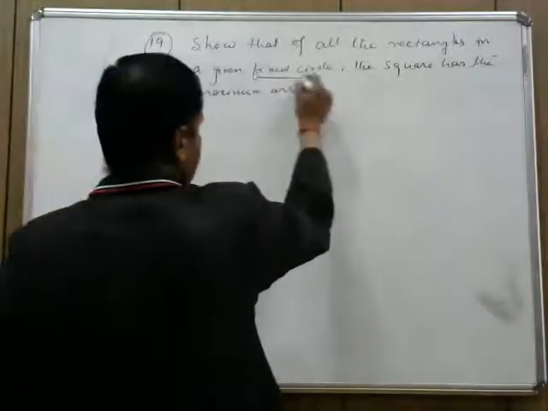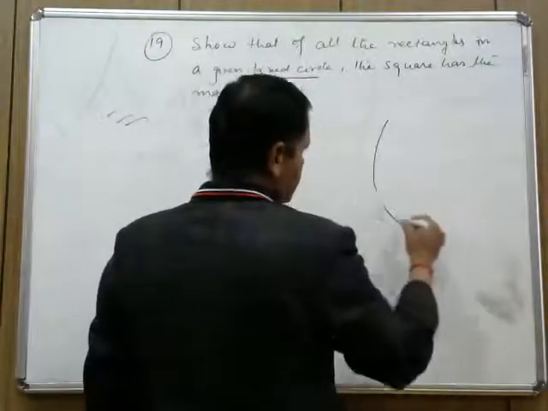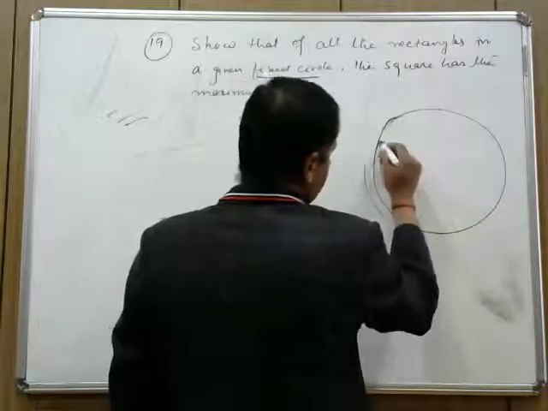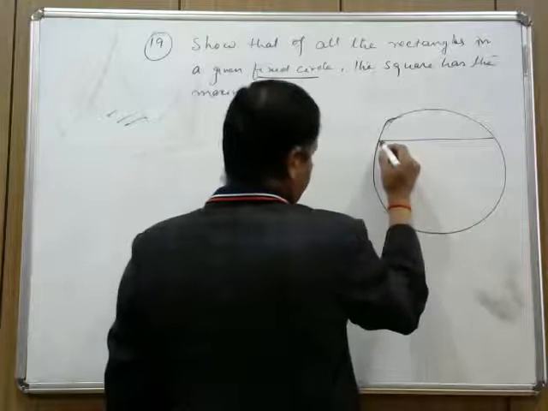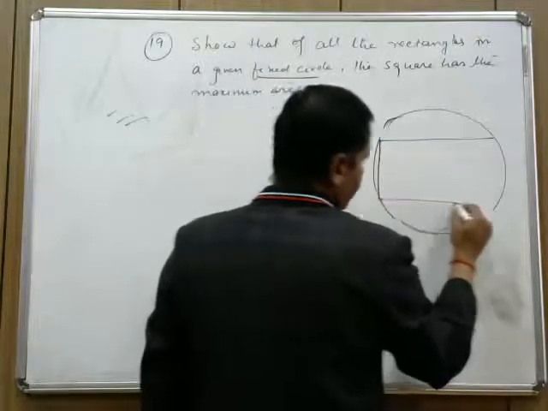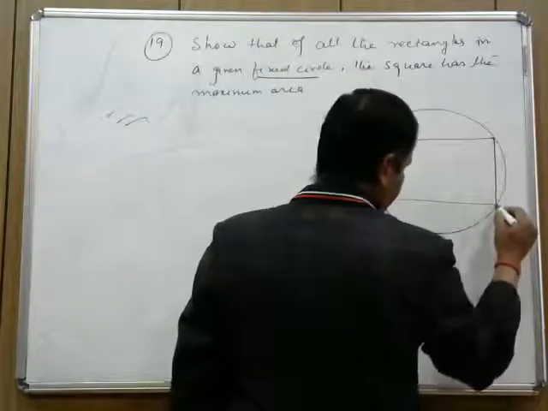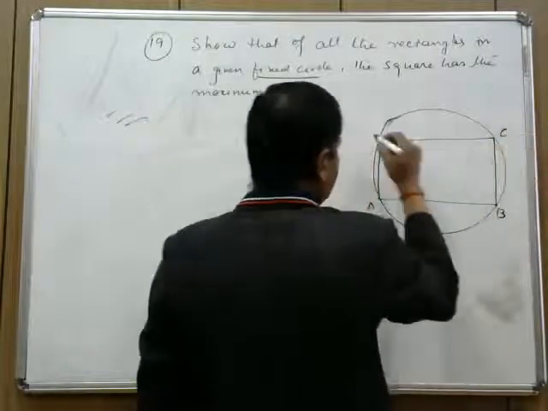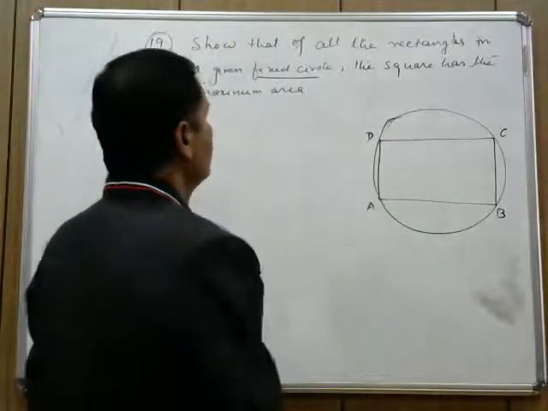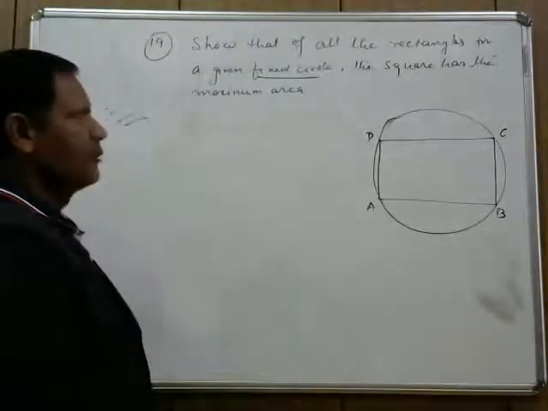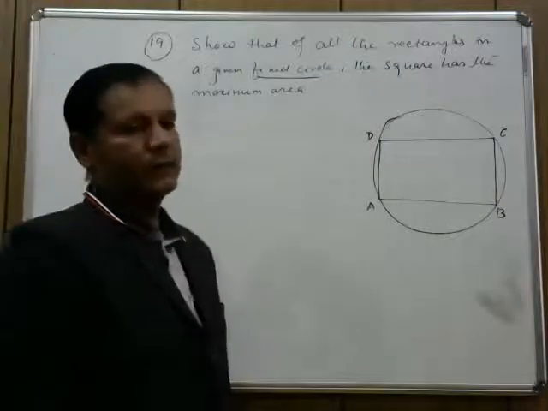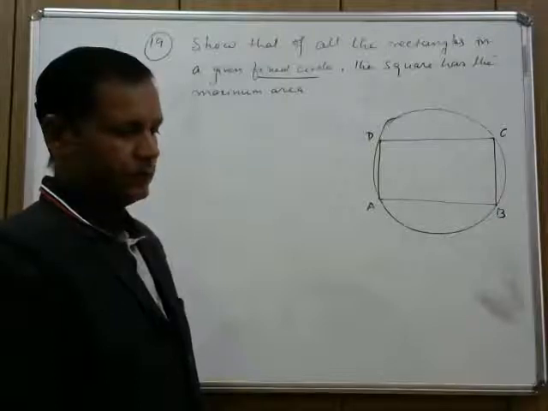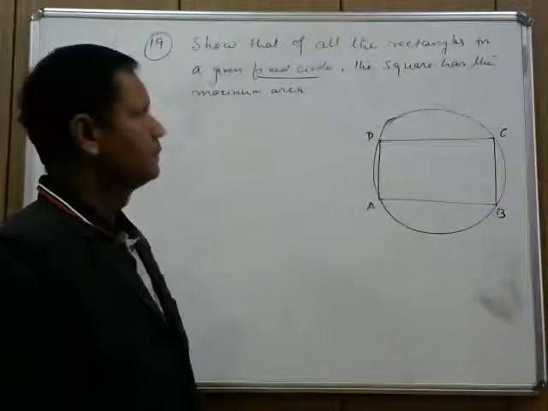A fixed circle is given, that means the circle is fixed, right? Now in the circle we draw a rectangle. Now we have to prove that this rectangle will have the maximum area when it is a square, because a square is also a rectangle.